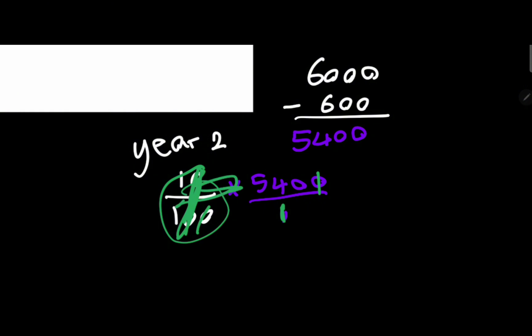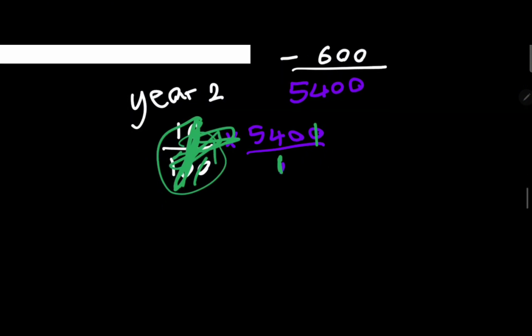So we just destroyed the fraction on the left, so all we're left with is the remaining amount, which is $540. So 10% of 5,400 is $540. So we're going to need to subtract that from each other, like what we did on the top.